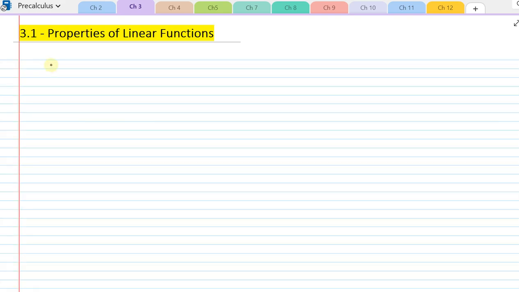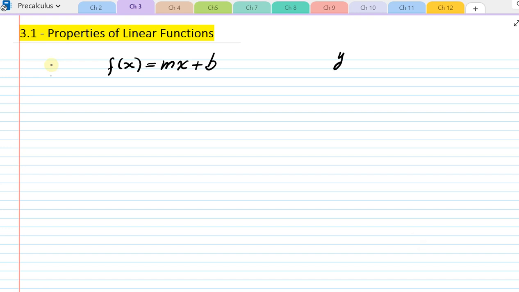In section 1, we're going to look at some properties of linear functions. Okay, so what properties are we talking about? First of all, I want to emphasize that our focus is on linear functions. Now, the general form of linear functions, these are functions that are in the form f of x equal to mx plus b, just to stay with the form of a linear equation.